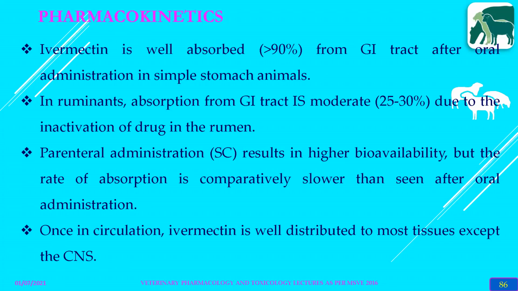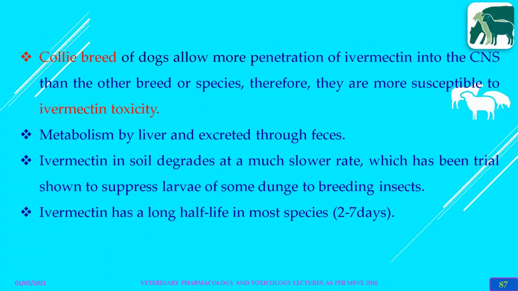Then the collie breed of dogs allows more penetration of ivermectin into the central nervous system when compared to other breeds. Hence, they are more susceptible to the toxicity. So it is contraindicated, especially in the collie breed of dog.